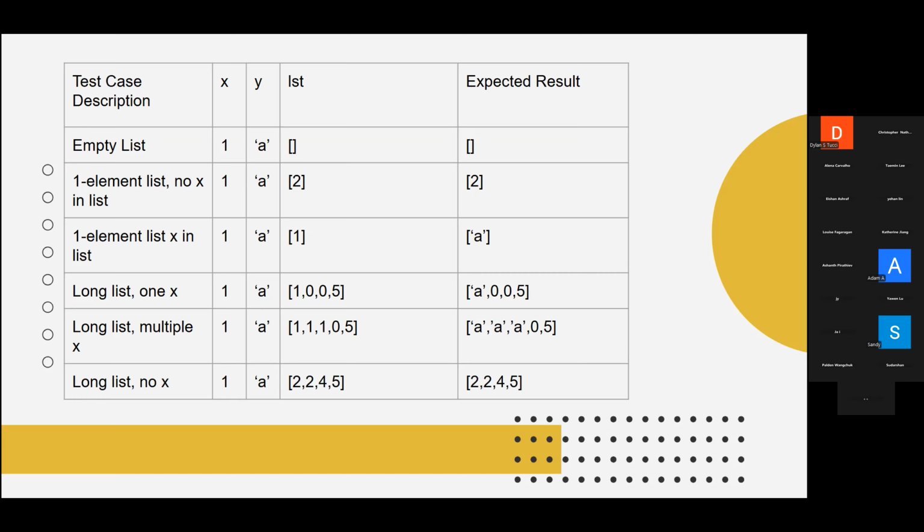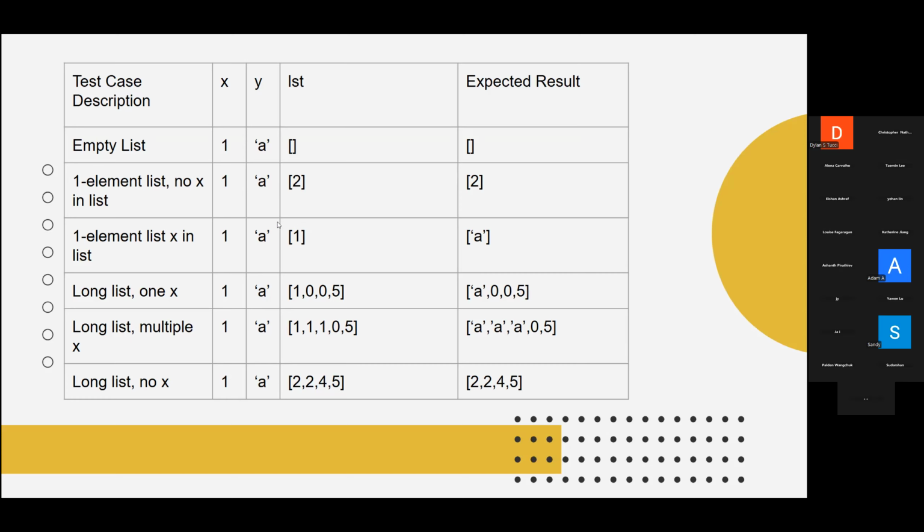Also, we have a one element list with no x in the list. So if there's no x in the list and we have one element, this will mean that basically nothing is being changed. So our expected result is just the list itself. Next, we have a one element list with x being in the list.